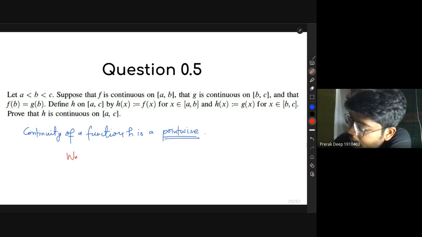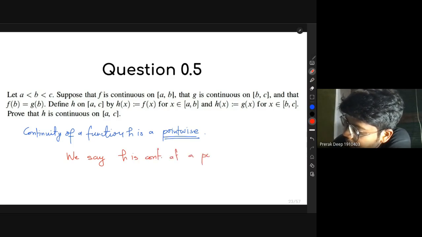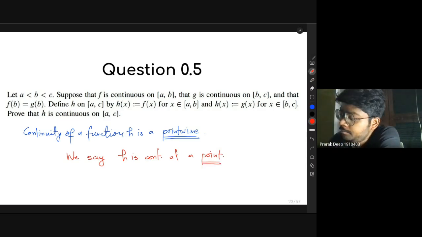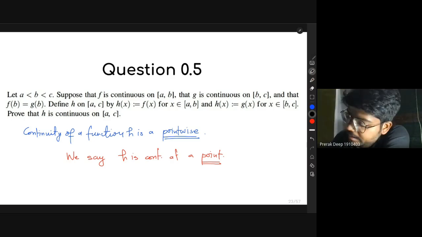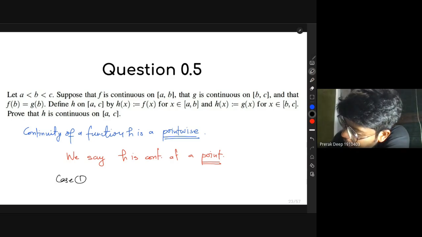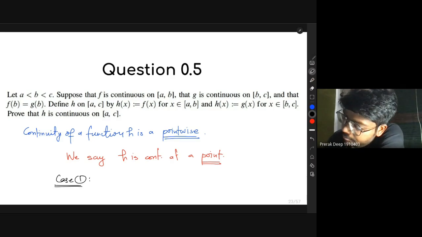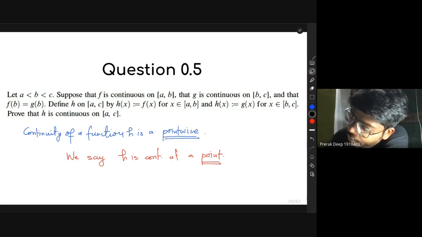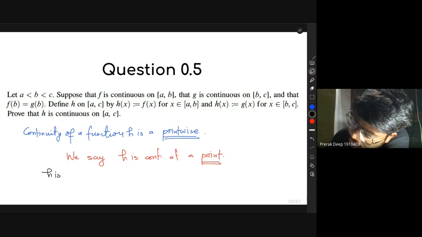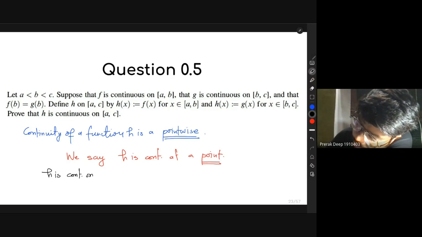We say h is continuous at a point. So I can break this into cases.